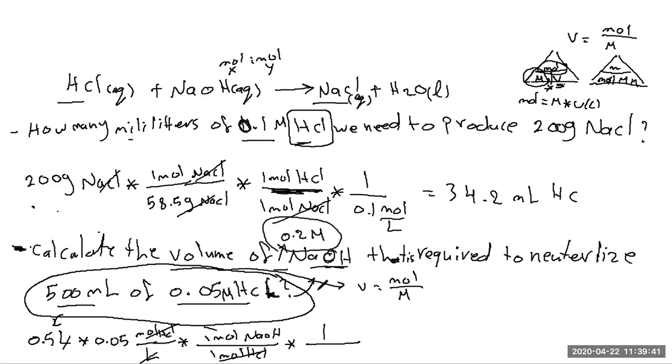I gave you the molarity, 0.2 molar. And here it will give you the volume in liter. So here it will be 0.5 times 0.05 times 1 divided by 0.2, which is 0.125 liter. And this is the answer for the question, which is approximately 125 milliliter if you want it in milliliter.